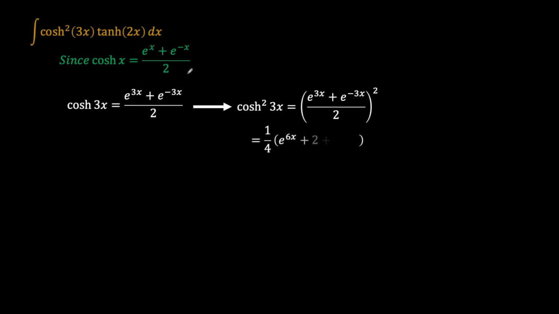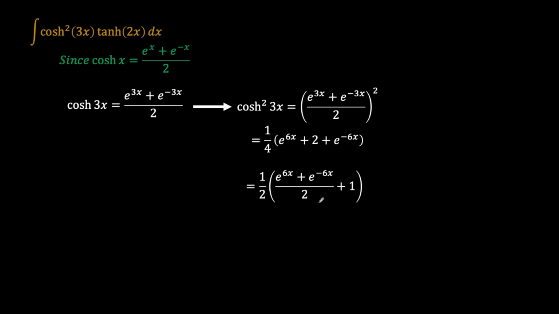That becomes a quarter of e to the power 6x plus 2 plus e to the power negative 6x. And so if you separate e to the power 6x and e to the power negative 6x, bind that together and divide by 2, and then this 2 is divided by 2, so that we're left with a half outside here.